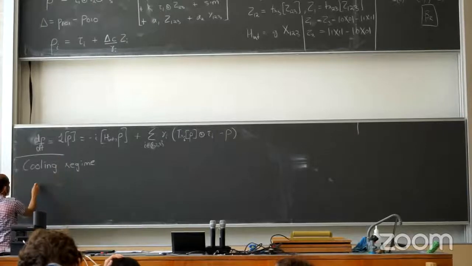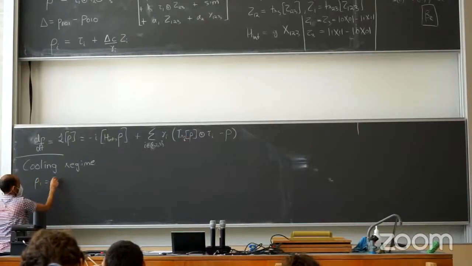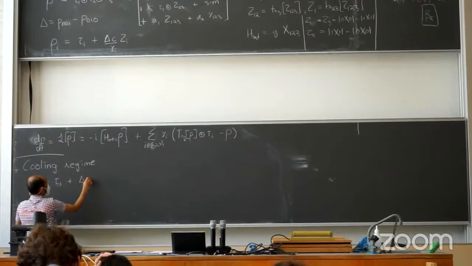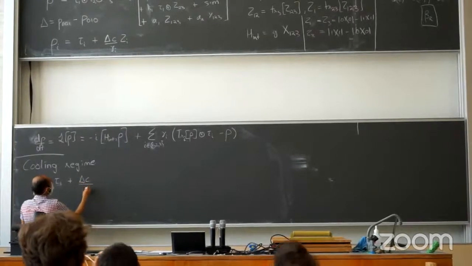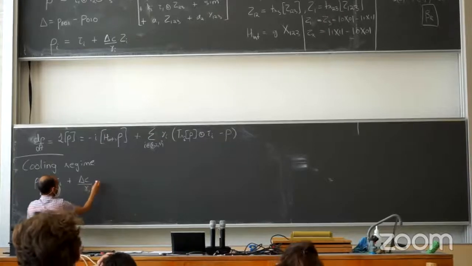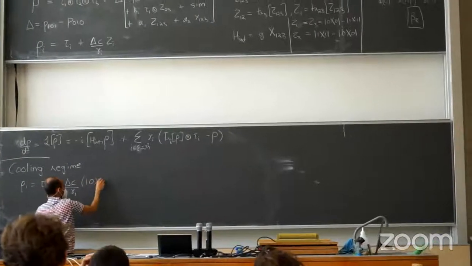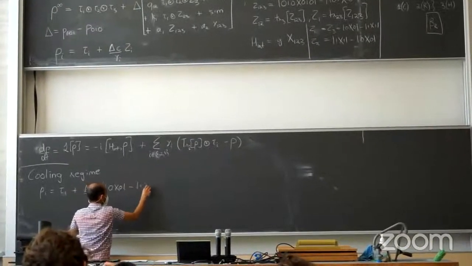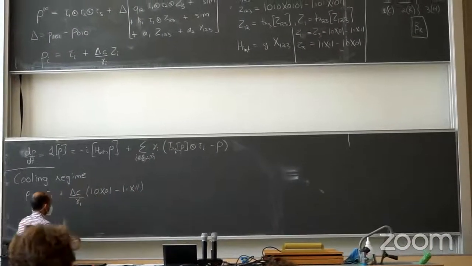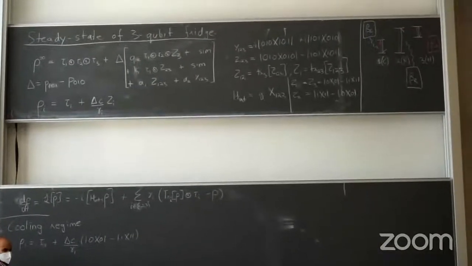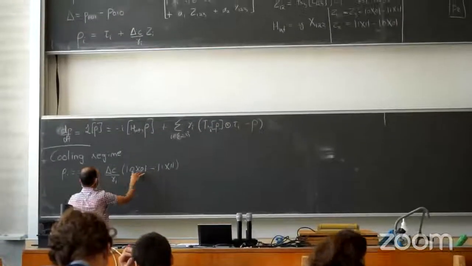So rho 1 is equal to tau 1 plus delta times C times gamma 1 times Z1, and I've written Z1 up there. This is |0><0| minus |1><1|. Now what you see is that this is the thermal state that I started with, and then I add something, the delta times this operator.